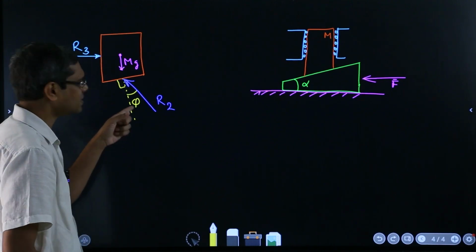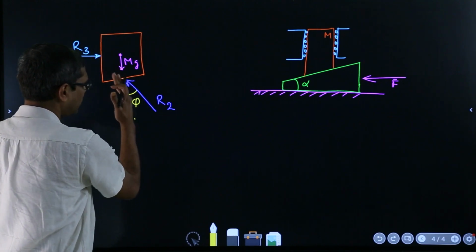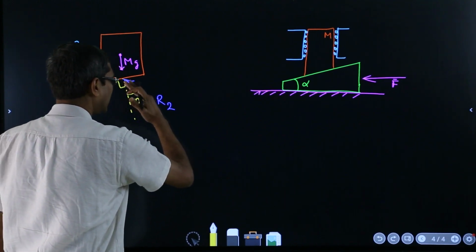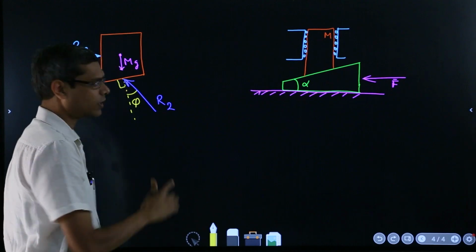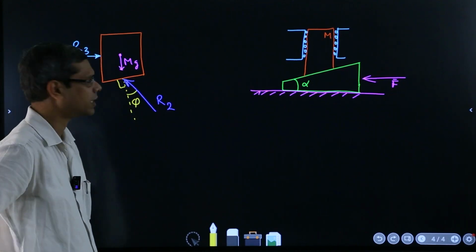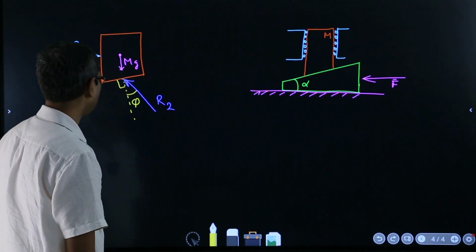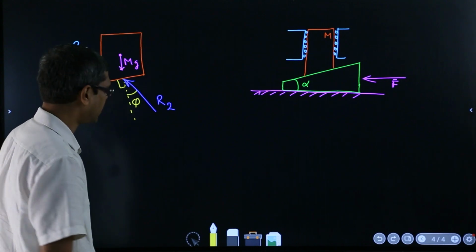So that is that angle phi. That means this R2 will start from here, it can rotate like that, but it will stop here. It cannot rotate beyond this. So that's the limit. This phi is the limit for that R2. Now these are the three forces which will be shown on the free body diagram.